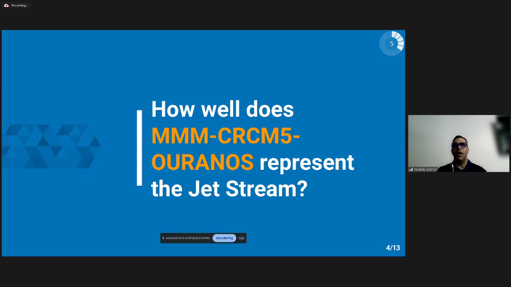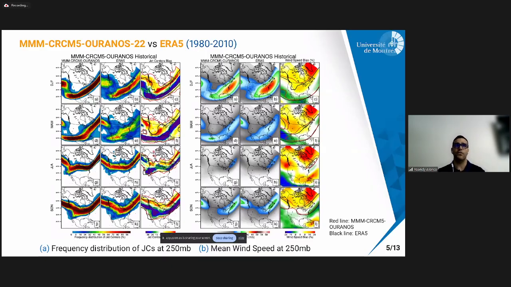So, how well does the ensemble of the CRCM5 Ouranos represent the jet stream? To answer this question, we have the left panel, the CRCM5 in the different seasons of the year. This is the frequency distribution of the jet centers.